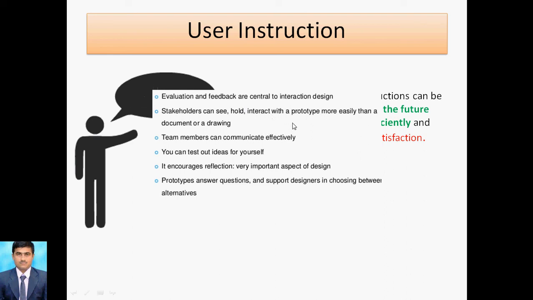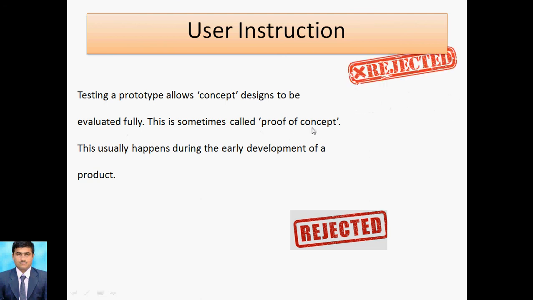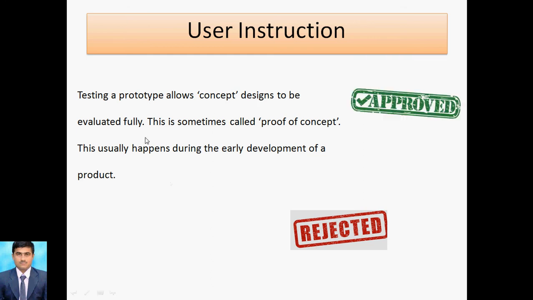It will also help in optimizing the results of the previous one, or you can improve product quality or product manufacturability by using this prototyping method. And this prototype will help as proof of concept when going into the market. So whether it is approved or rejected will be decided in a particular prototyping.